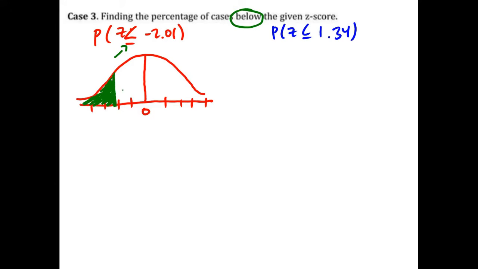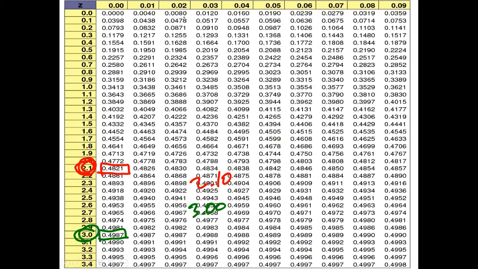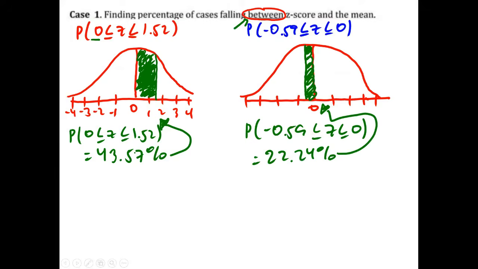Okay? Since hindi dumaan yung shaded part natin sa 0, magma-minus tayo na ngayon ng 50%. So 50% minus 2.01 sa ating z-table. Let me erase that. 2.01. Tingin sa 2.0 tapos punta sa 0.01. 47.78.